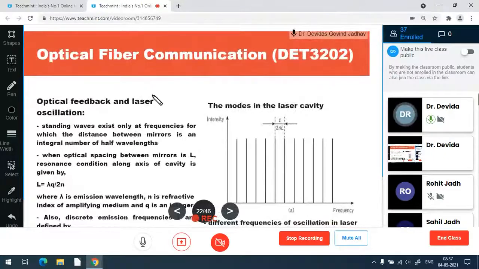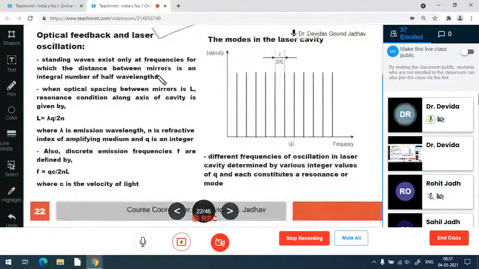So optical feedback and laser oscillation: if we consider, the standing waves exist only at frequencies for which the distance between the mirrors is an integral number of half wavelengths.